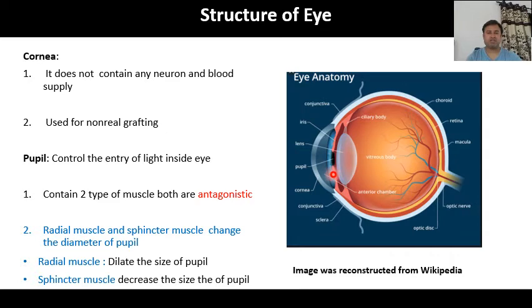Antagonistic means opposite types of muscles. One is the radial muscles and second is the sphincter muscles. Radial muscles are responsible for dilation of the pupil, while the sphincter muscles decrease the size of the pupil. In this way, both types of muscles control the intensity of the light entering the eye.